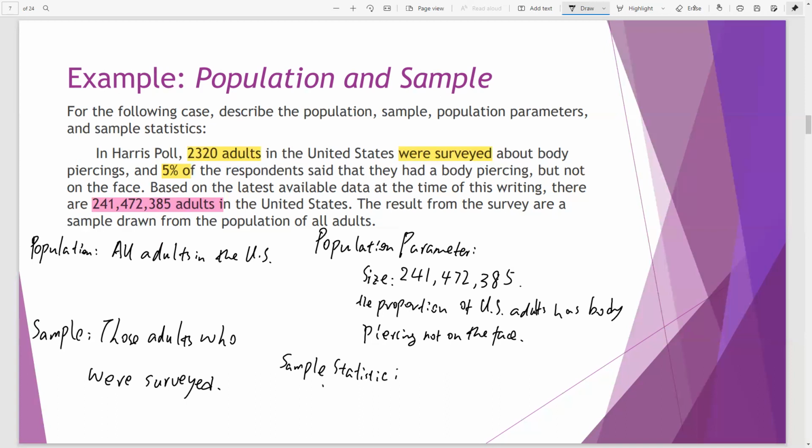And the sample statistics: first of all, the size, which is those adults who were surveyed.